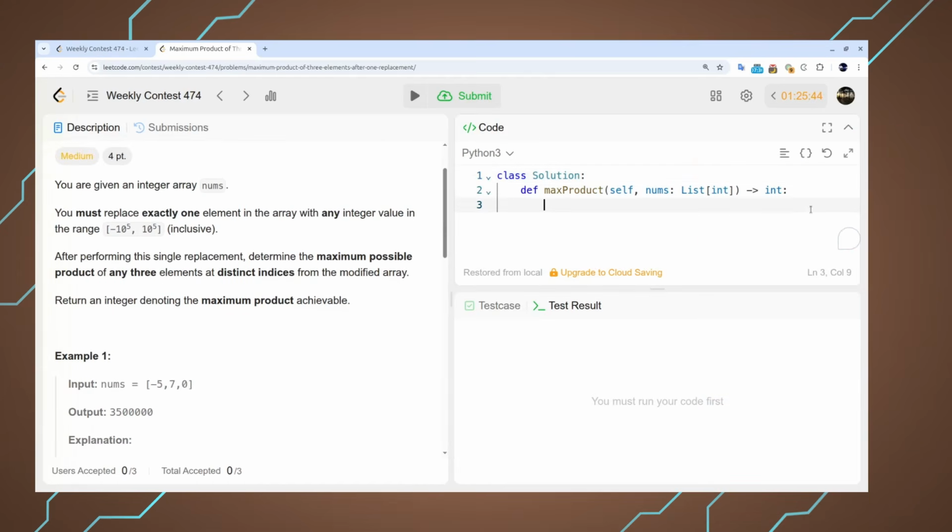Okay, in this problem, we should sort, and then we should return 10 to the power of 5 times the maximum of nums[-1] times nums[-2], and let's convert all these numbers to absolute values.